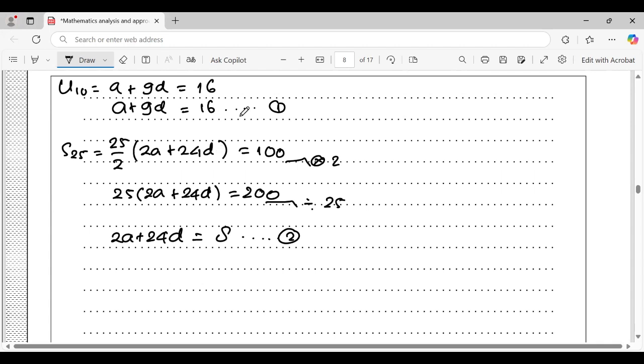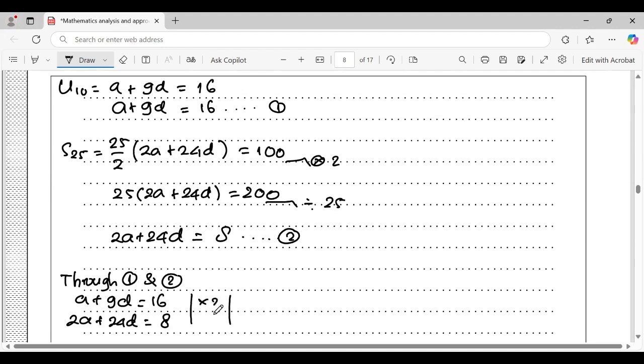So the first equation and the second equation: a plus 9d equals 16 and 2a plus 24d equals 8. Now we are going to eliminate a. Multiply the first by 2, the second by 1.